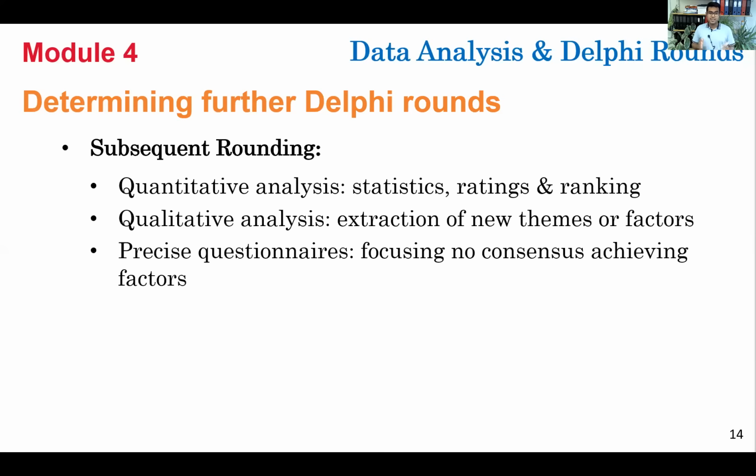It also assists the moderator or the researcher in preparing materials for the next round. Questionnaire items for the following rounds might become more specific or precise, focusing on the areas where consensus has not yet been achieved.